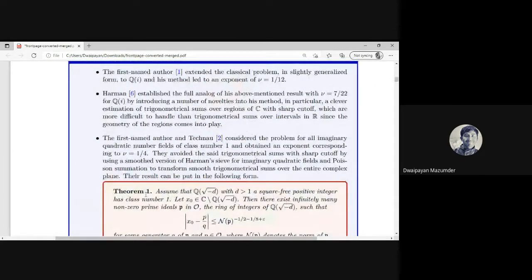Stephenson and Professor Mark Ticknor have extended this classical version to imaginary quadratic number fields, and they got the same result that Harman got for the classical setup, nu equal to 7/22.